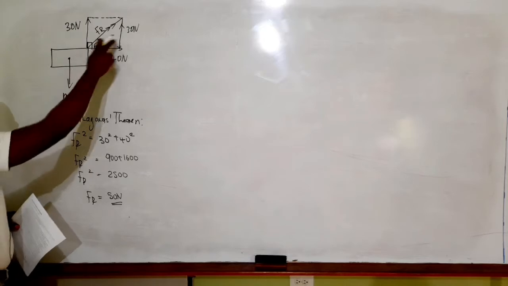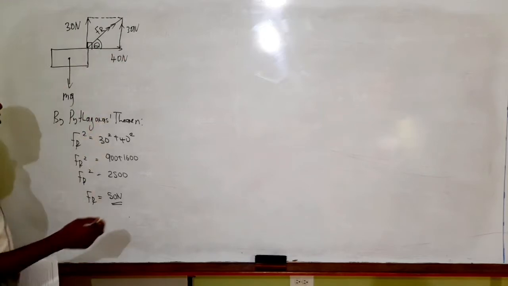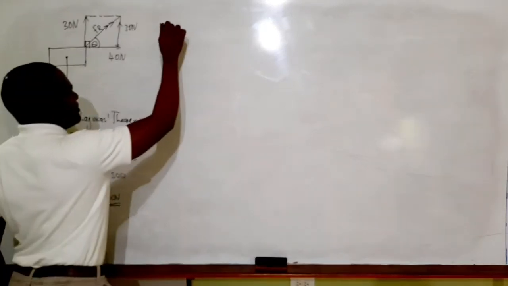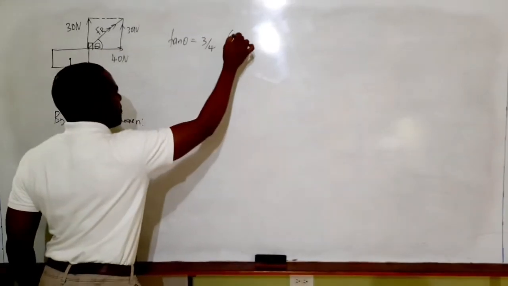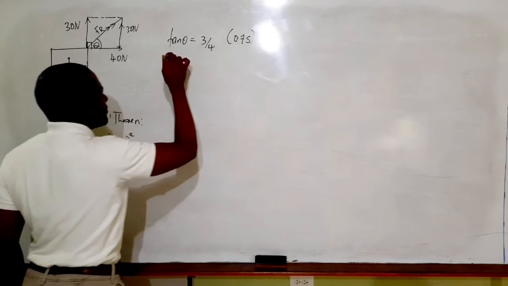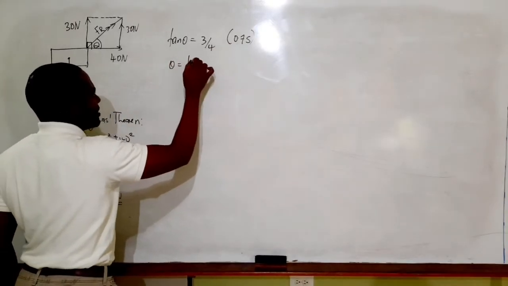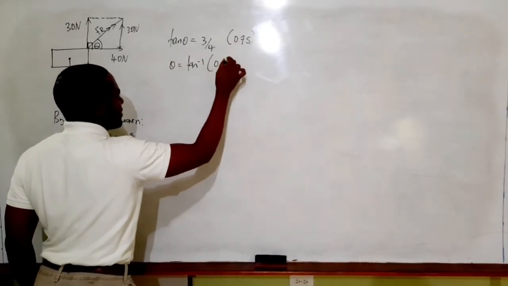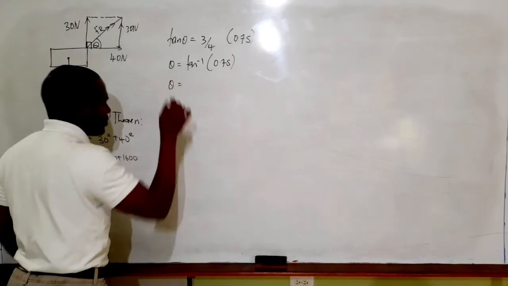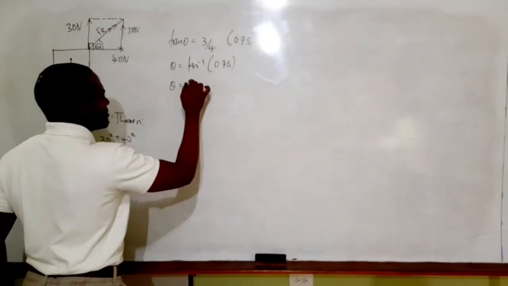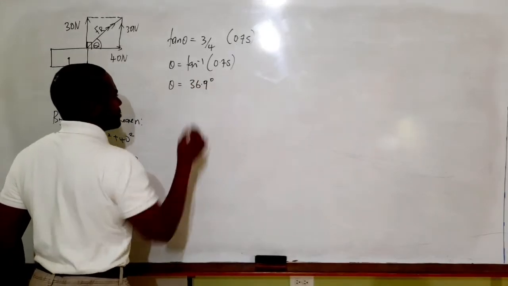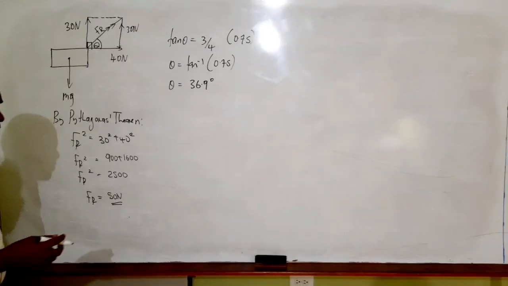So tan theta equals opposite over adjacent, and so tan theta is equal to 3 over 4 or 0.75, and therefore theta is equal to the tan inverse of 0.75, so theta is equal to 36.9 degrees.